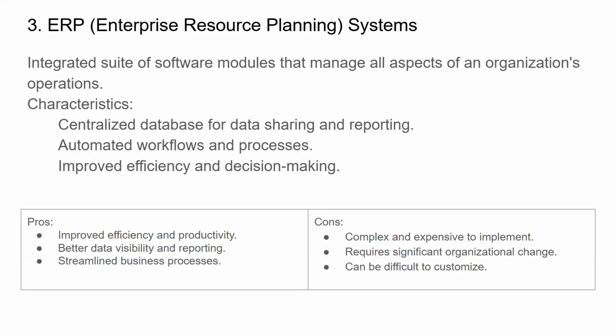Now you will see the advantages of an ERP system are improved efficiency and productivity, better data visibility and reporting, and streamlined business processes. Disadvantages are, as you can guess, the opposite.